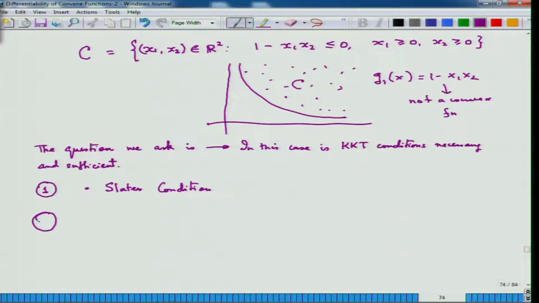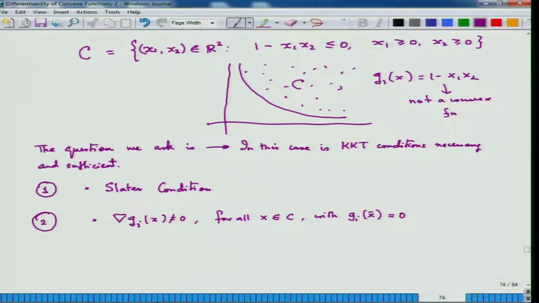And number 2, the following: we will assume that all these constraints are differentiable, the g_i's are differentiable. For all x in C, so for every point in the boundary, this gradient vector is non-zero, that is the idea.